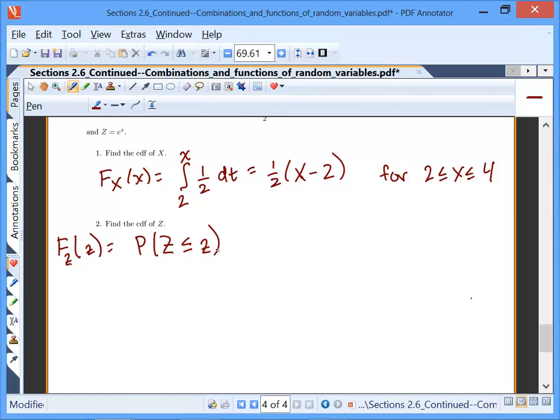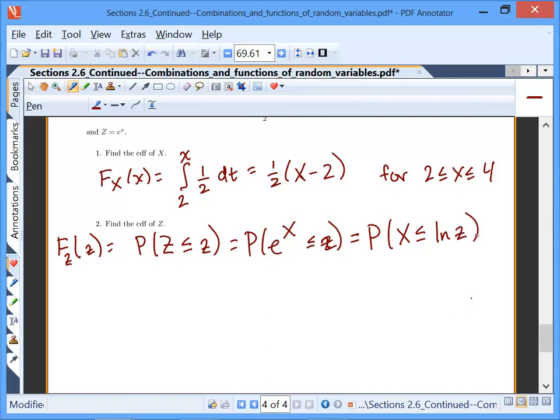We know that it is e to the x. Once you get here, you want to solve for x, so I need to use the logarithm. So this is going to be the probability that x is less than or equal to what? The natural log of z.